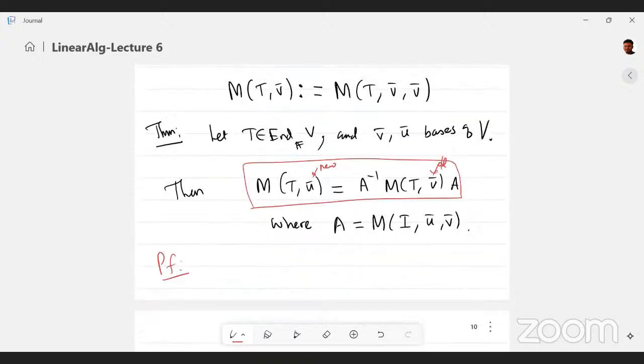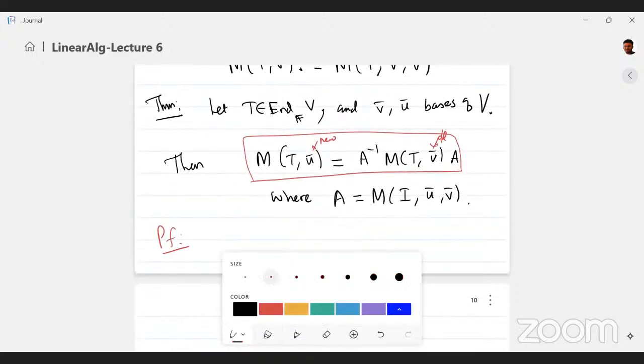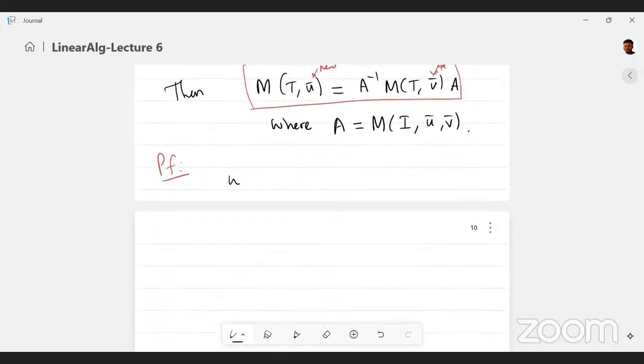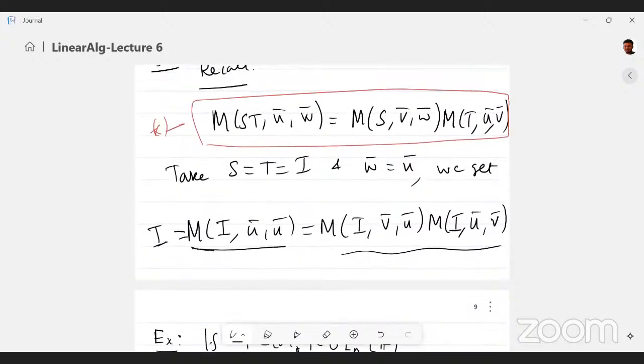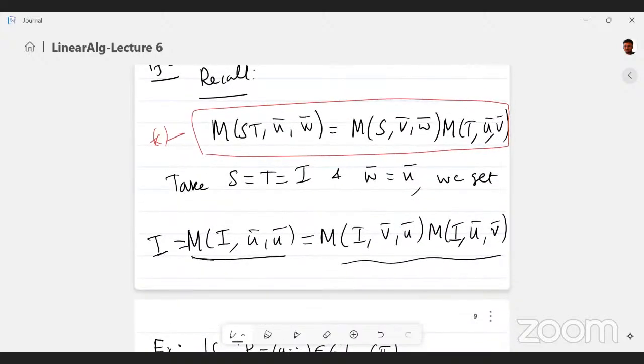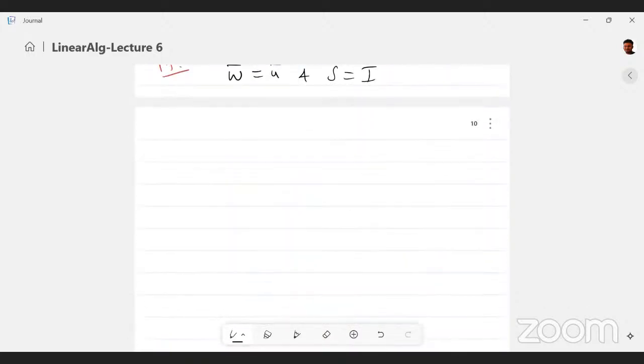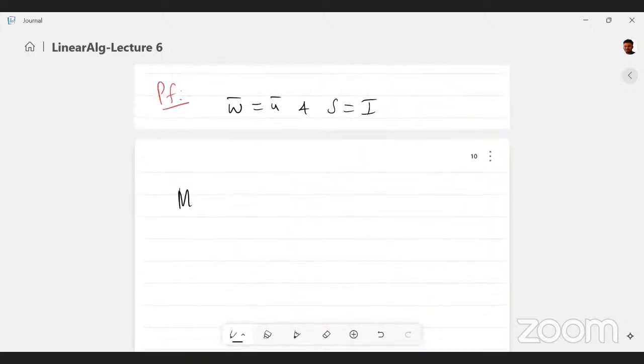So what I'm going to do is substitute W bar to U bar and S to be identity. So S is identity, so on the left side I get M of T U bar.